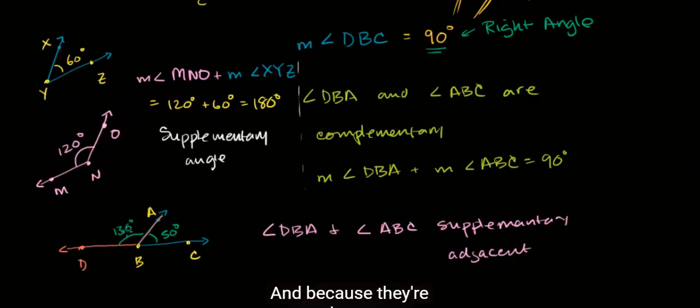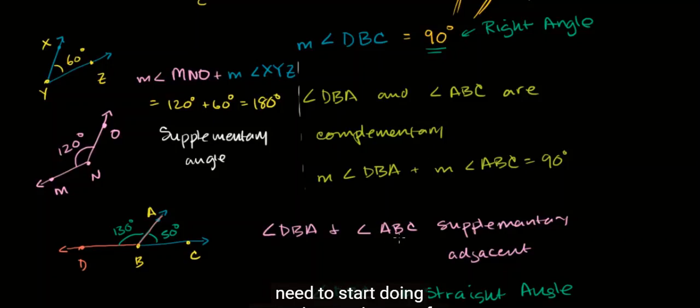And because they're supplementary and they're adjacent, if you look at the broader angle, the angle formed by the sides that they don't have in common, if you look at angle DBC, this is going to be essentially a straight line, which we can call a straight angle.